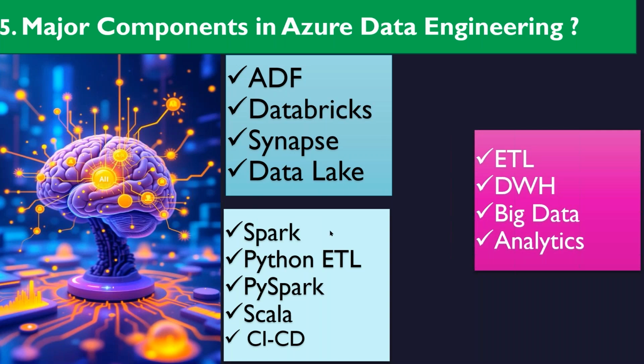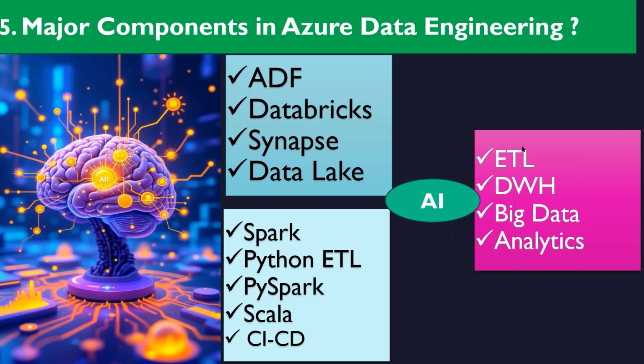We have all these items, left side items, 4 plus 5, 9 items to implement right side activities. Everywhere we have AI components in our classes starting from tomorrow.